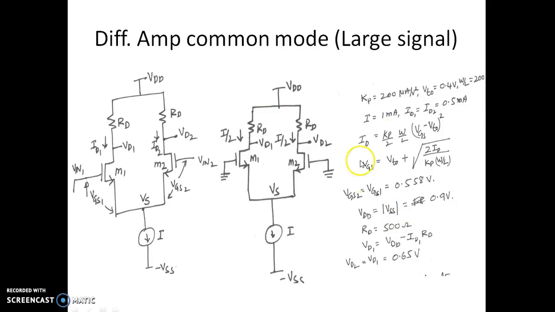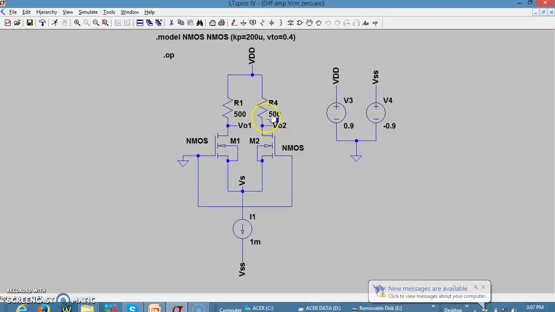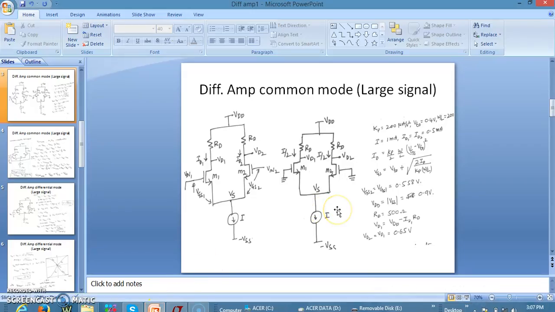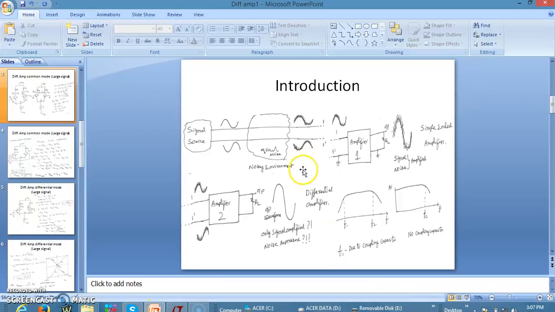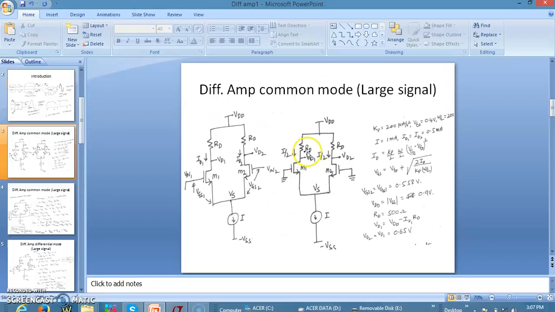So we shall do a simulation of the same circuit and try to verify whether all these values are correct or not. This is the circuit we were looking at in the previous example. As you can see, these are the MOSFETs M1, M2, having a resistor of 500 ohm and a Kp, which is nothing but mu_n Cox, of 200 microampere per volt squared.